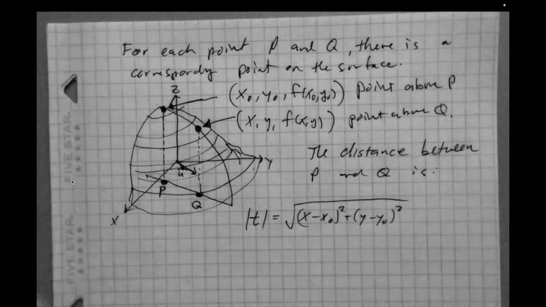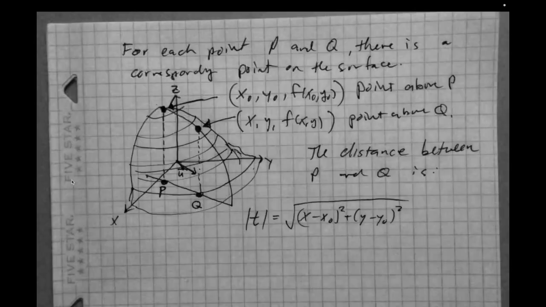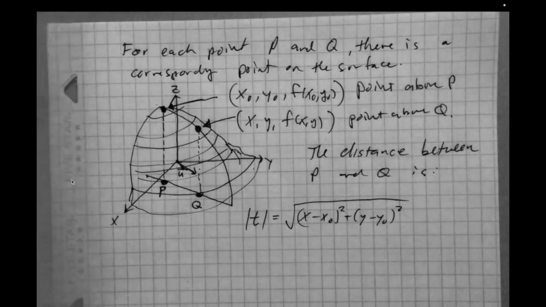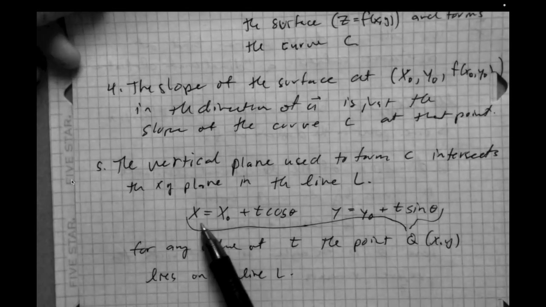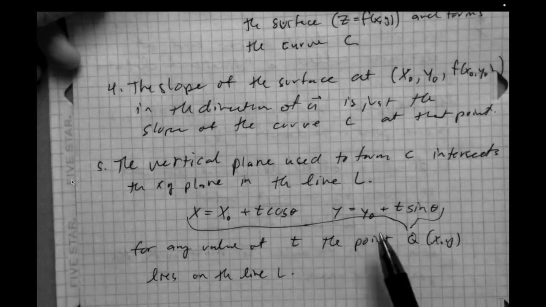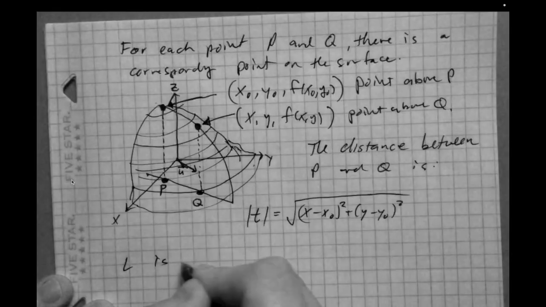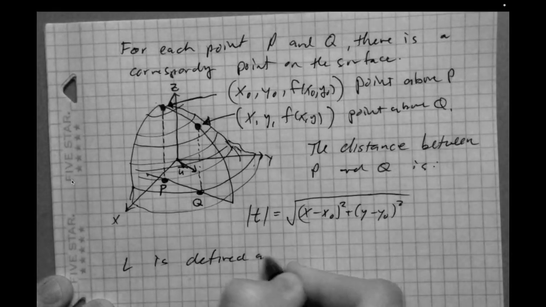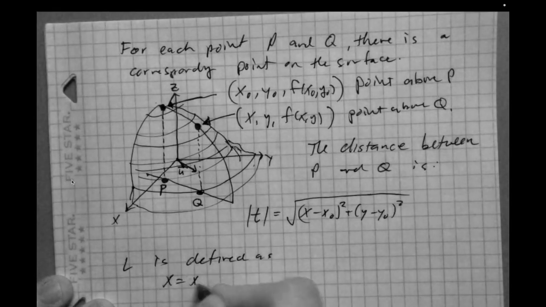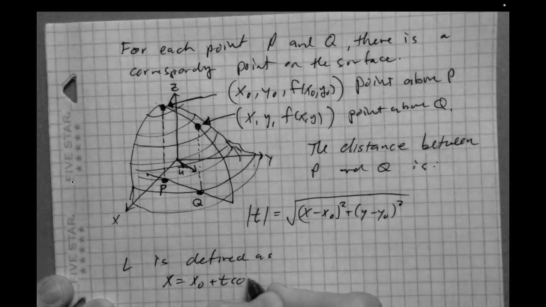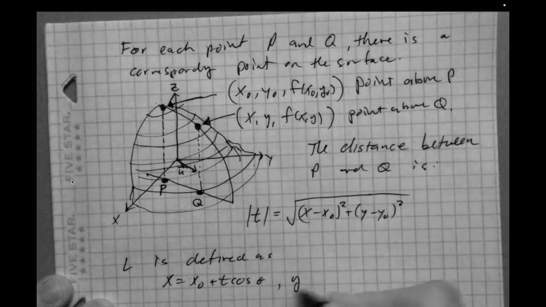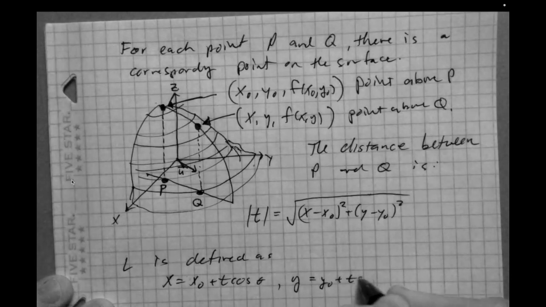And if you recall how we defined the line previously, we had x equals x naught plus t cos theta and y equals y naught plus t sine theta. So L is defined as x equals x naught plus t cos theta, y equals y naught plus t sine theta.